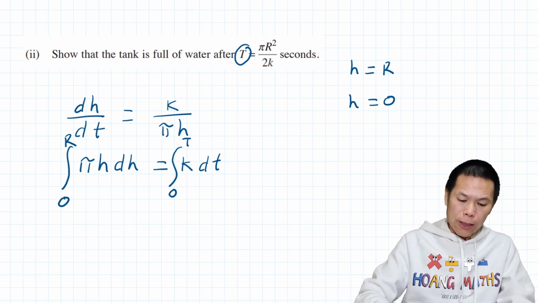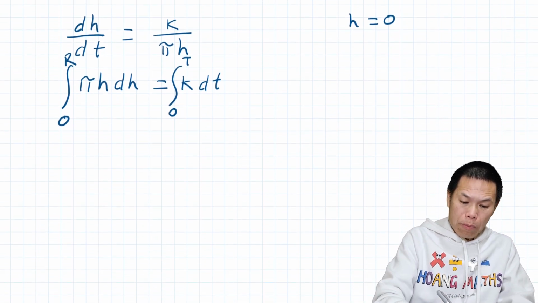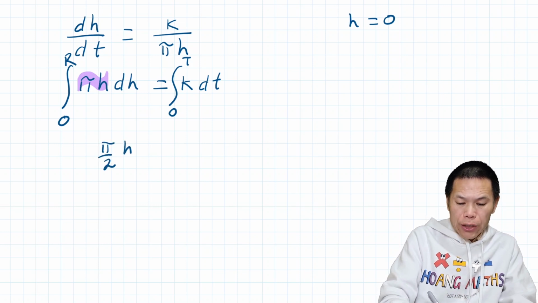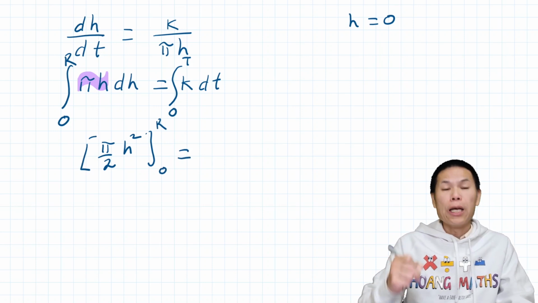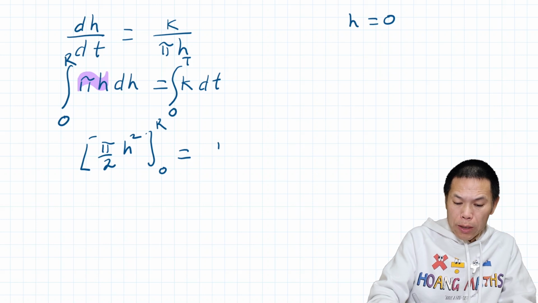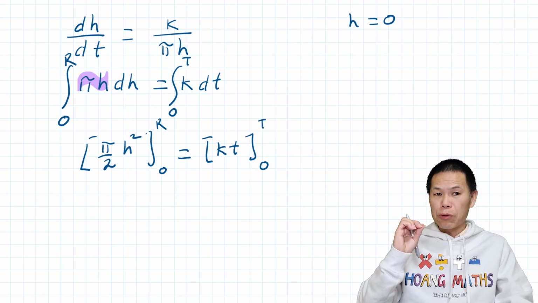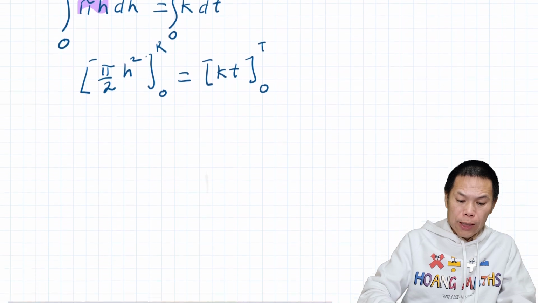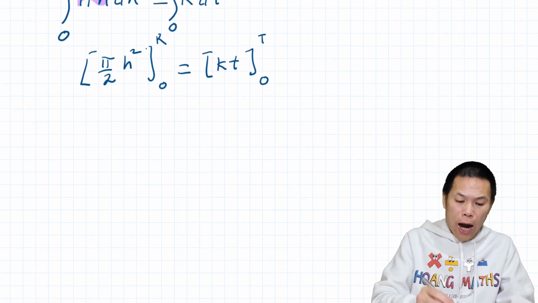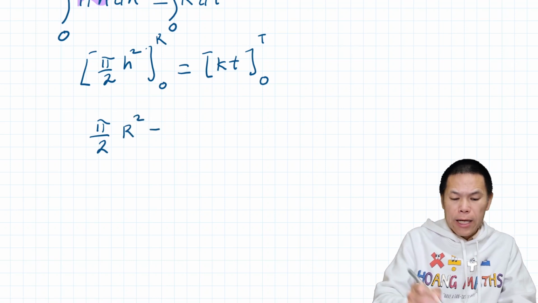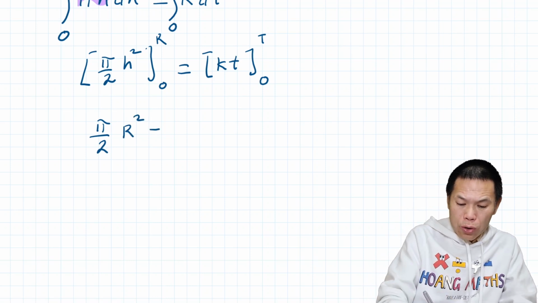So now I just integrate this. Integrating pi h will give me pi over 2 h squared, from 0 to R, and integrating k dt will give me kt, from 0 to capital T. So I just substitute the values in. When h is equal to R, that becomes pi over 2 capital R squared, minus when h is equal to 0, the whole thing becomes 0.